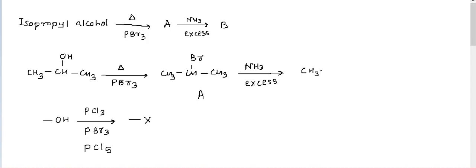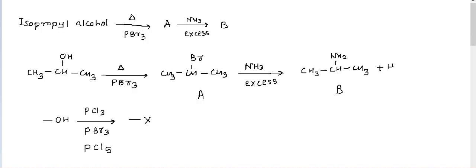So we get CH3, CH, NH2 and CH3. So this is our final product B. Br gets converted to NH2. We know Br, Cl, iodine or any halogen are good leaving groups. So this is simply a nucleophilic substitution reaction. We have replaced Br by a stronger nucleophile, that is NH2.